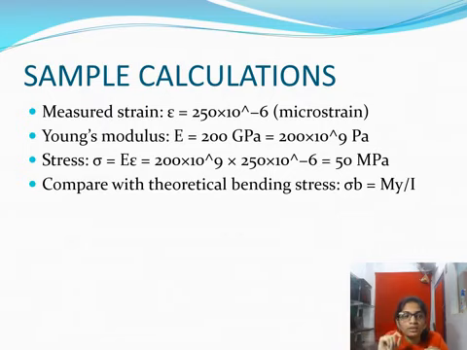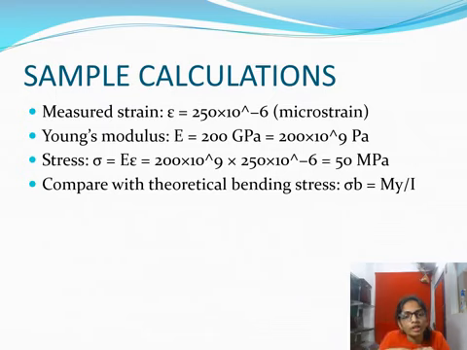Pa means Pascal, which is the unit. Stress is denoted by sigma, is equal to E into epsilon, is equal to 200 into 10 raised to 9 into 250 into 10 raised to minus 6, is equal to 50 MPa.